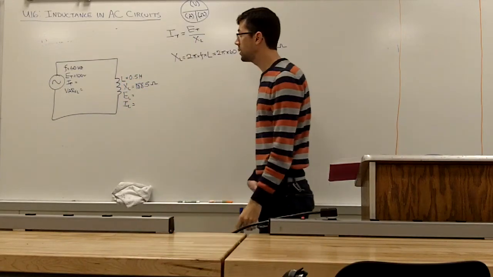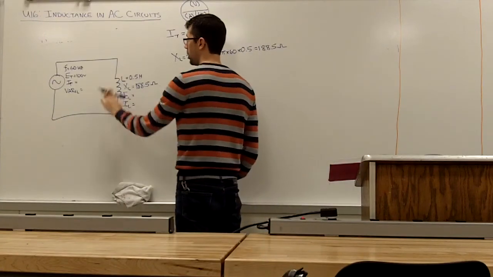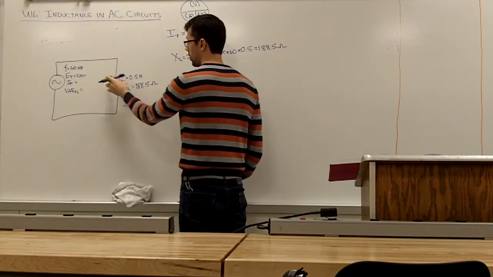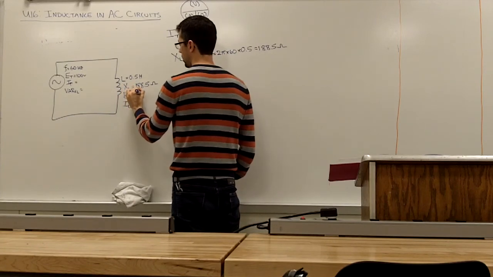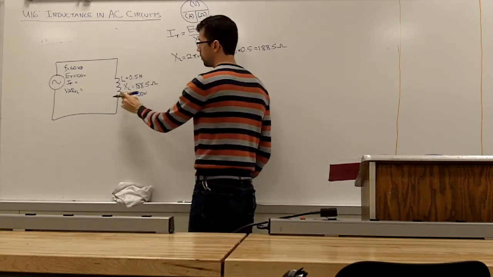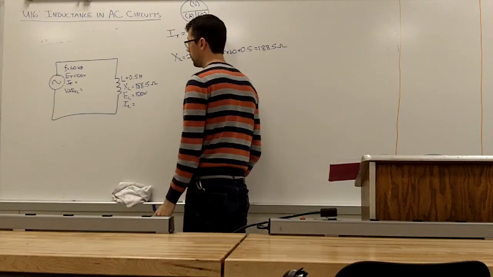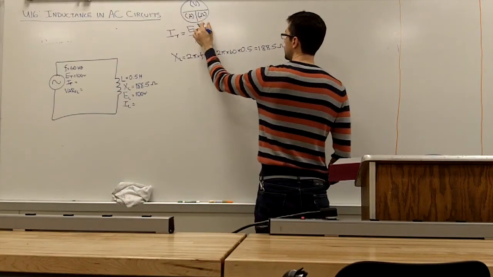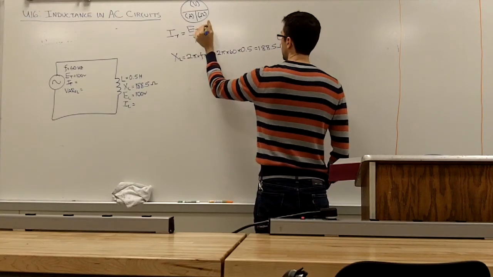Here, E sub L is easy. We have a simple circuit, which is one component, so the applied voltage would have to equal the voltage drop across the inductor. So we'd have 100 volts for the voltage drop across the inductor, E sub L. Next, the total current, ET divided by XL.